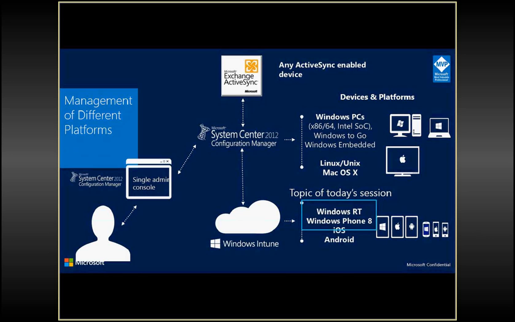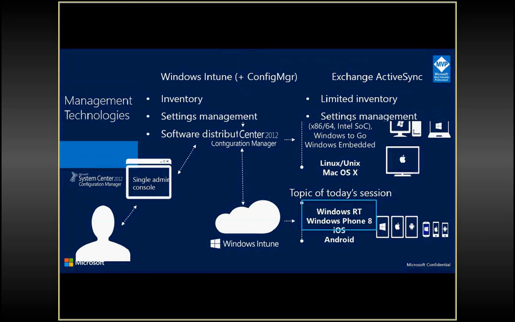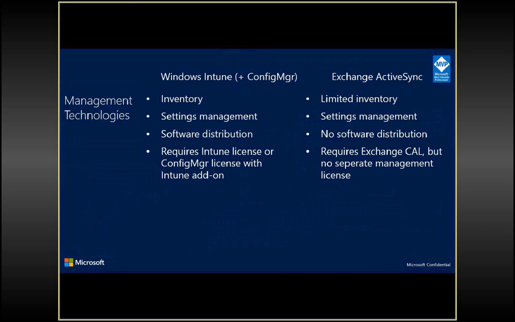If we look a little bit closer at those management technologies, what you can do with Exchange ActiveSync and with Intune: with ActiveSync, you have quite limited inventory and settings management, mainly for security-related settings and email settings, but you don't get any software distribution functionality.